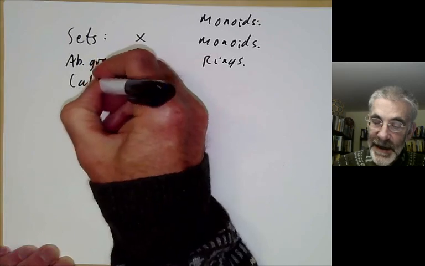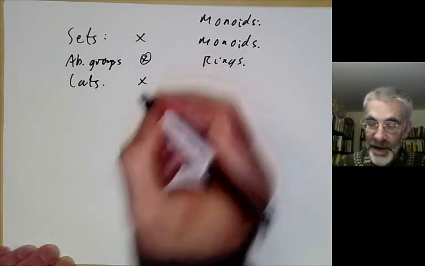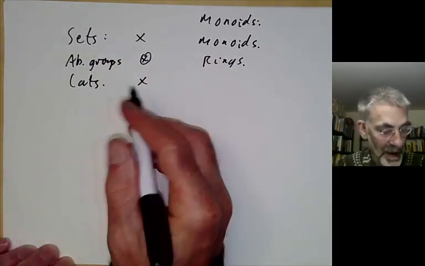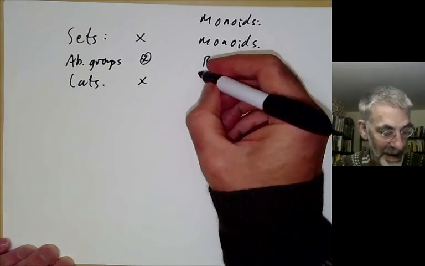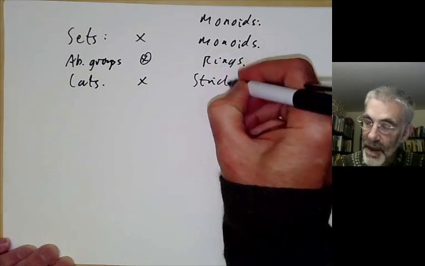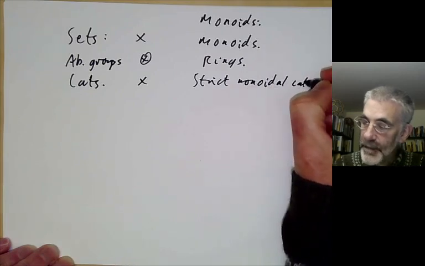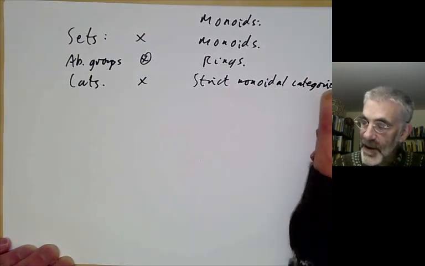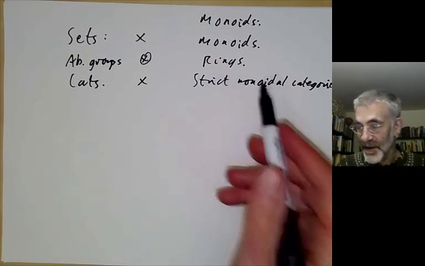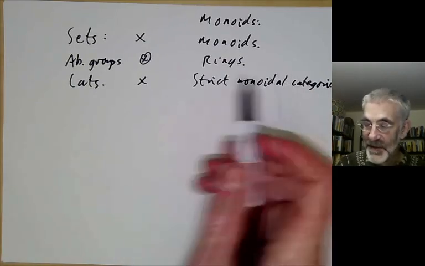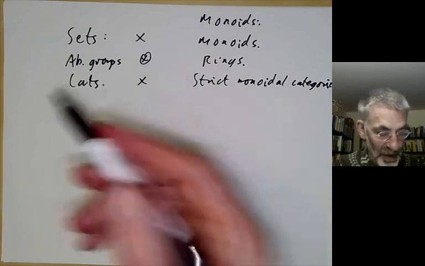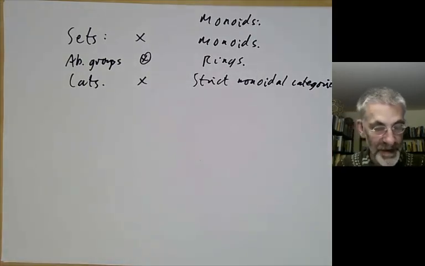Or you can take categories and take the product of categories, and the monoids in this category turn out to be strict monoidal categories. So it's getting a bit recursive. You can define monoidal categories as monoids in a certain monoidal category, which is kind of confusing.